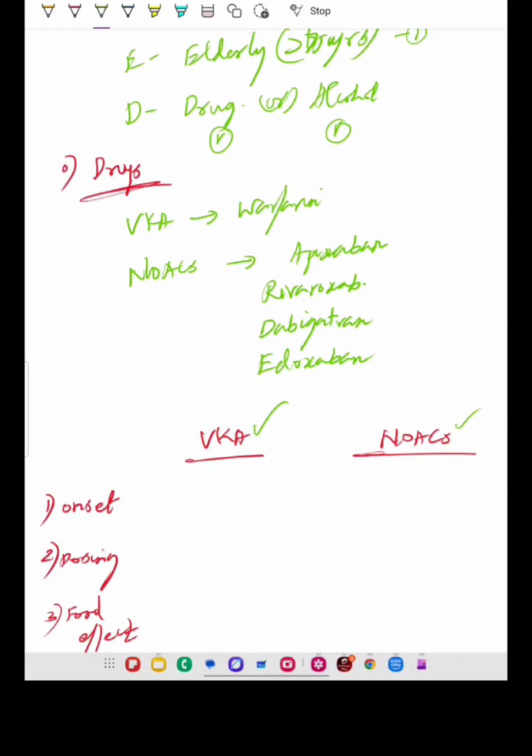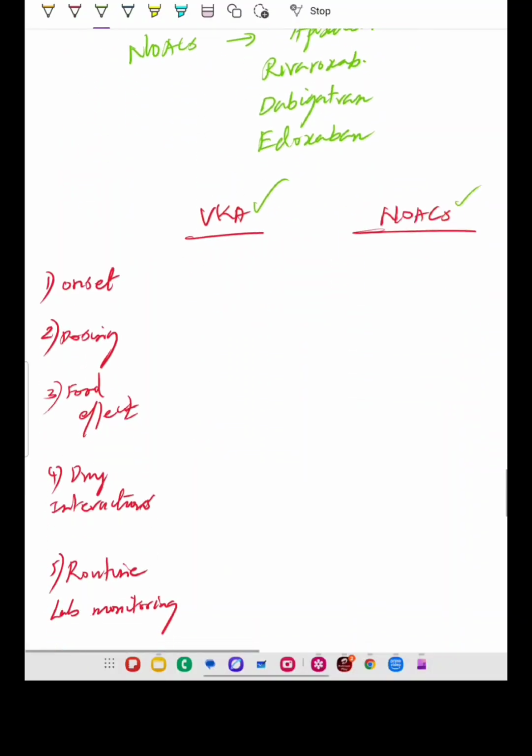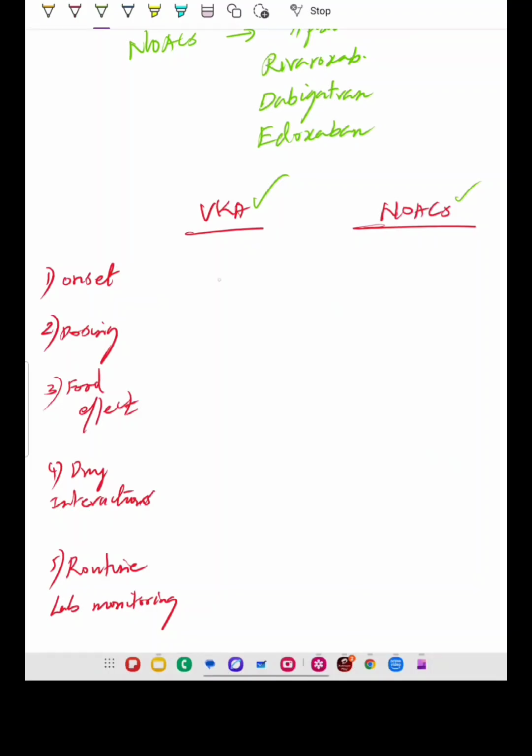So what is the difference between these two? If you look at vitamin K antagonists, your onset of action will be slow for your warfarin, it will be rapid for your NOACs. Dosing is variable for vitamin K antagonists, here it's fixed dose. Is there any interfering effect with food? Yes for warfarin, no for NOAC.